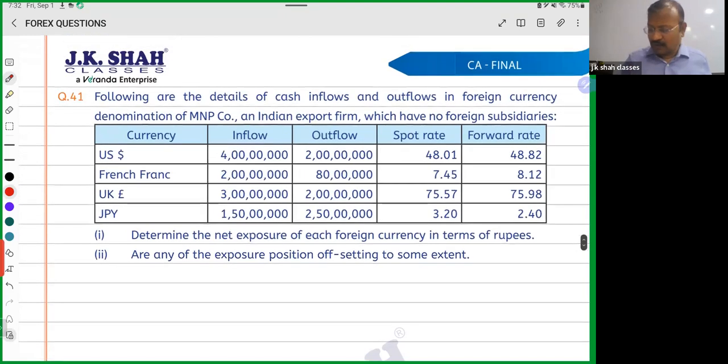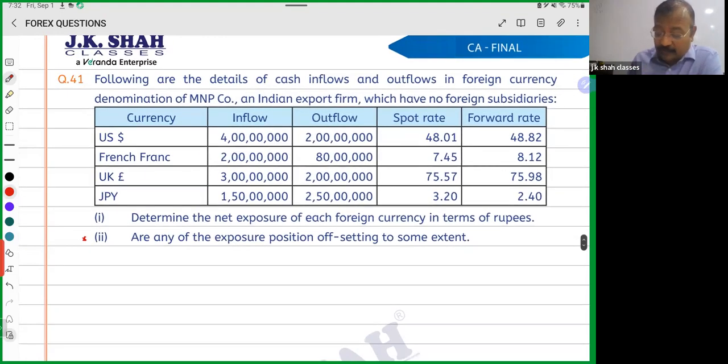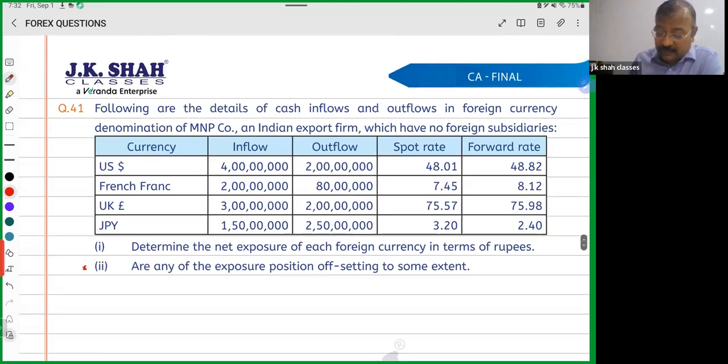Okay, now 41. The institute's solution for the second part of this sum is slightly weird, but let's look at the first part first.